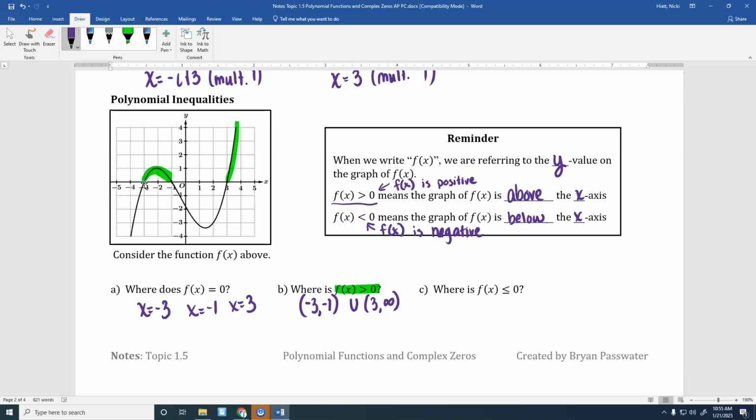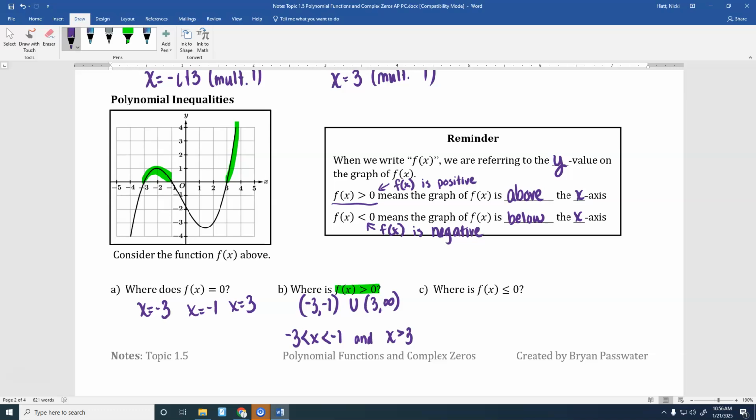The way that we would write this with inequality notation is negative 3 less than x less than negative 1, and x is greater than 3. We should not need to include the infinity there. Whenever there's an infinity, if I just say x is greater than 3, that goes up forever.